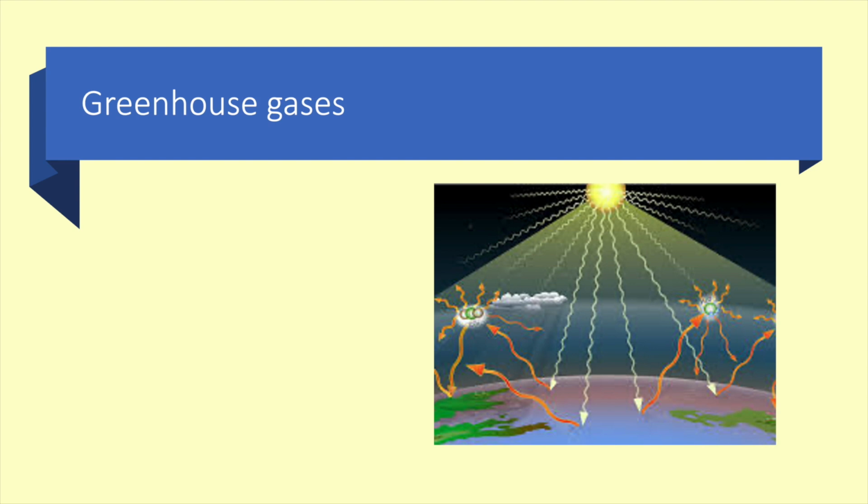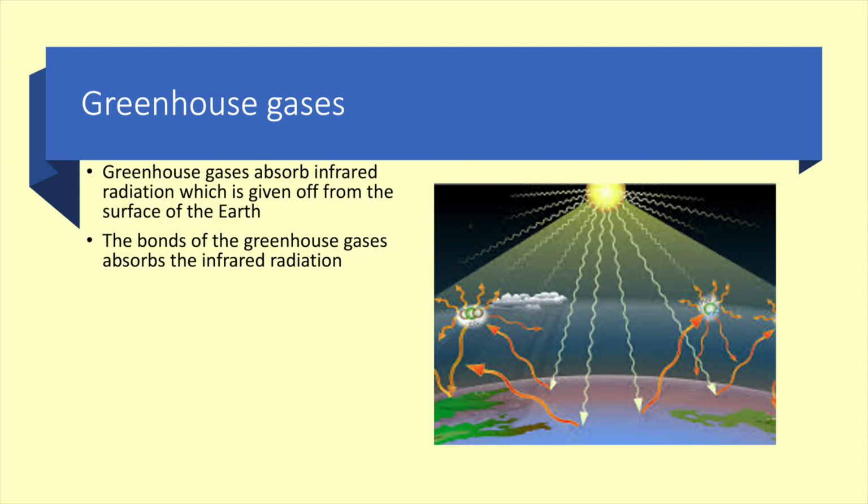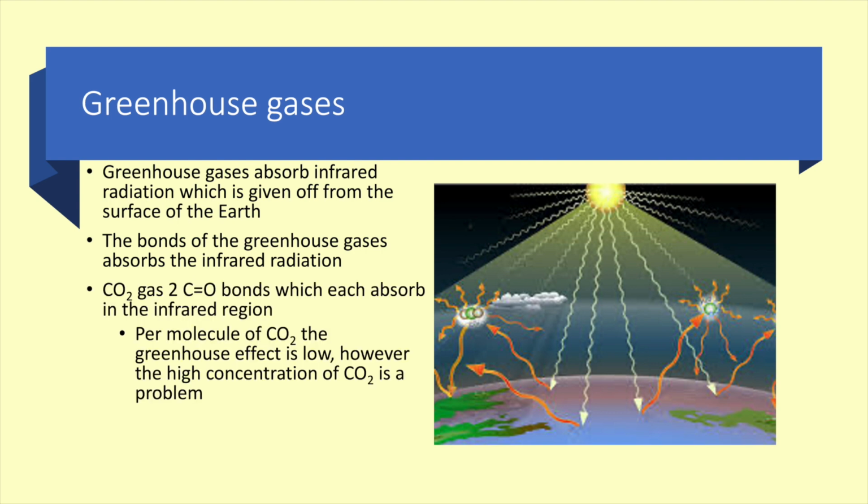The reason they absorb this infrared radiation is because their bonds have frequencies in that infrared region. So the bonds of the greenhouse gases are absorbing the infrared radiation.